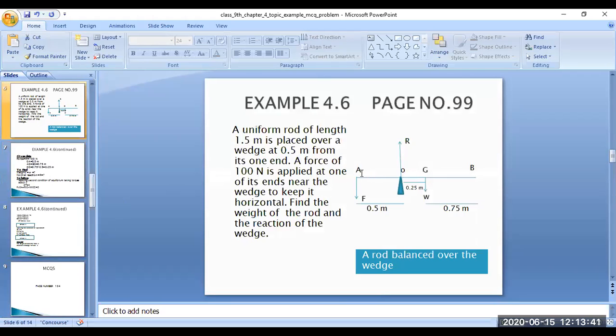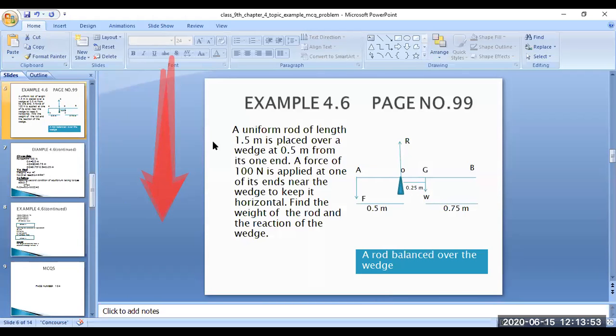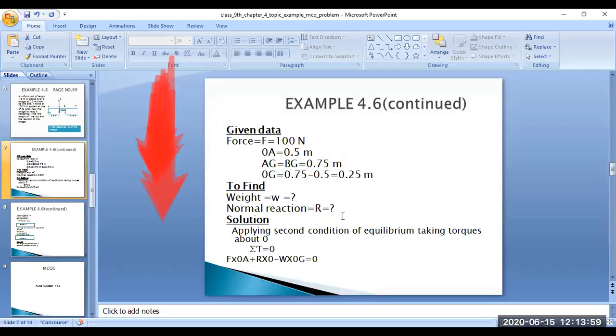This distance A to G is equal to B to G, 0.75. How can we find OG? OG distance we can find as 0.75 minus 0.5, which is 0.25 meter.